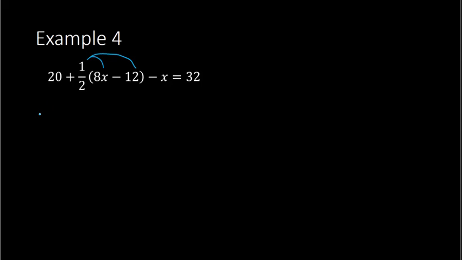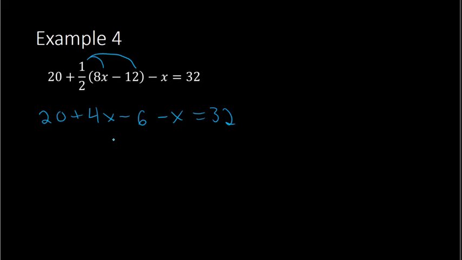So the 20 is in the front, and then 1/2 of 8. 1/2 times 8, that's the same thing as taking 8 divided by 2, which gives me 4. So that's 4x minus, and half of 12 is 6. So we have 4x minus 6, then minus x equals 32.